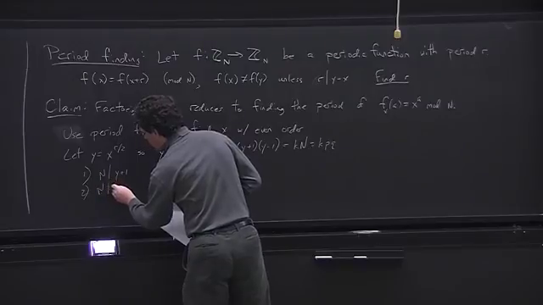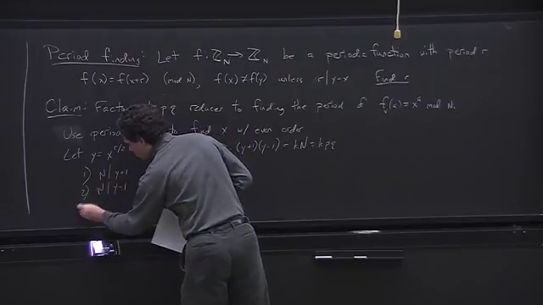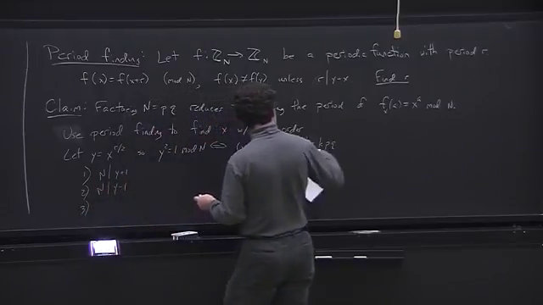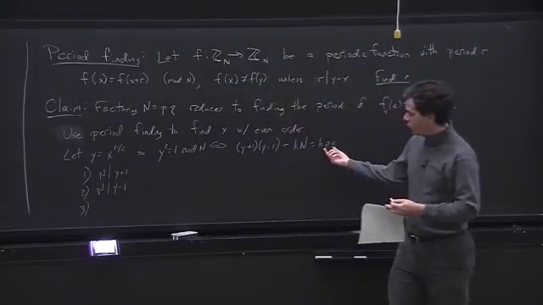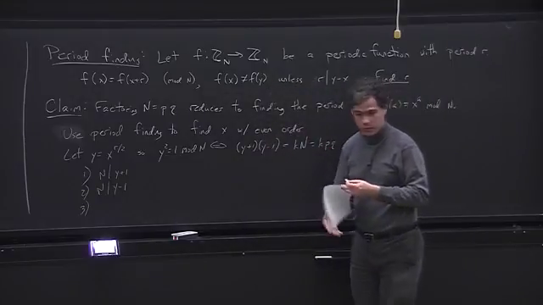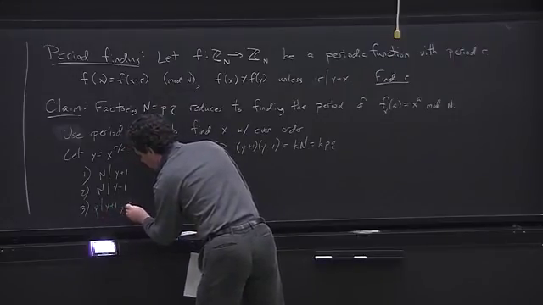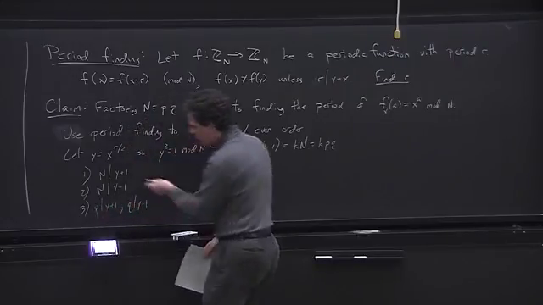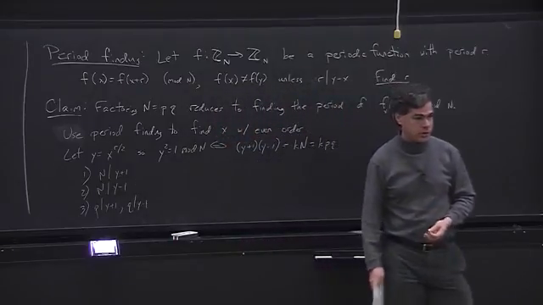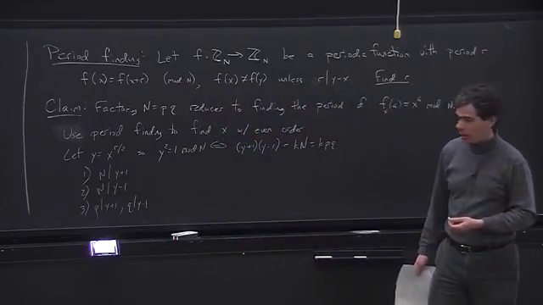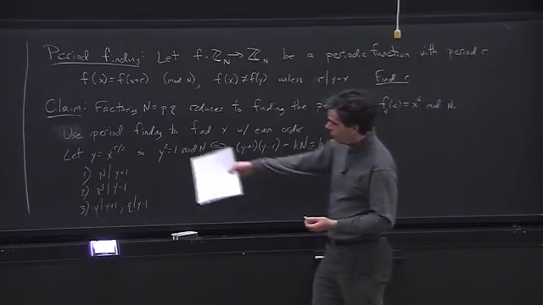Option 2 is that n divides y minus 1. And option 3 is that these factors p and q are split between these terms. So p divides y plus 1, and q divides y minus 1, or vice versa, but we can just switch which is p and which is q. OK, so let's consider these three possibilities.